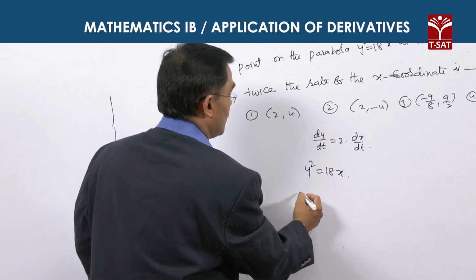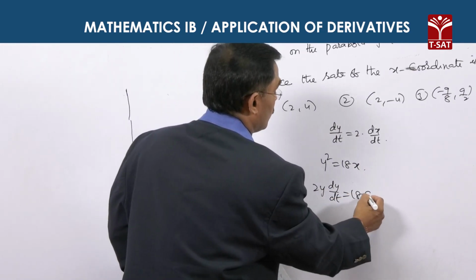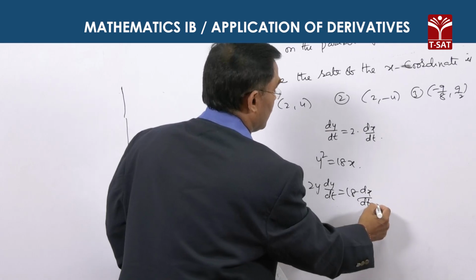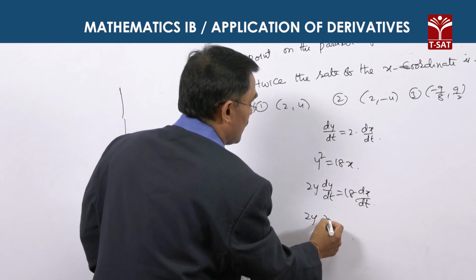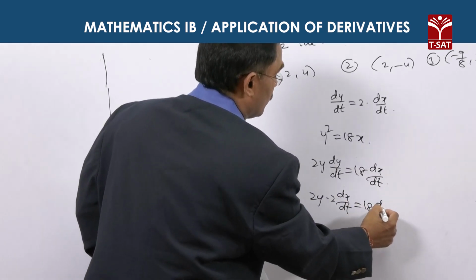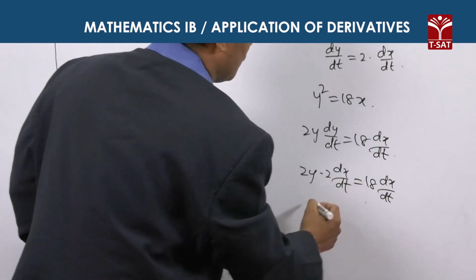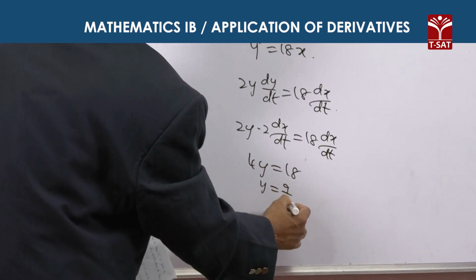Differentiate y square: 2y into dy by dt is equal to 18 into dx by dt. But what is dy by dt here? 2y into dy by dt, that is 2 into dx by dt, is equal to 18 into dx by dt. Simplify this: 4y is equal to 18, y is equal to 9 by 2.